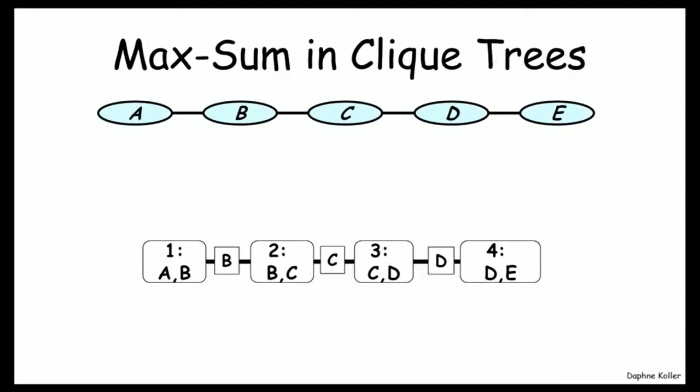In the same way that we took variable elimination for sum product and we used that to define a clique tree algorithm, we can do exactly the same thing for max product, or max sum, using the exact same type of data structure.